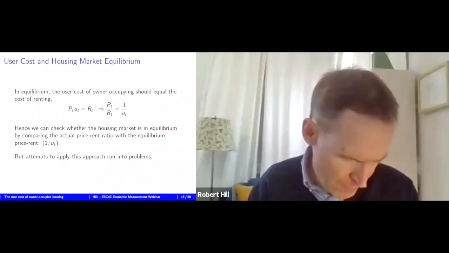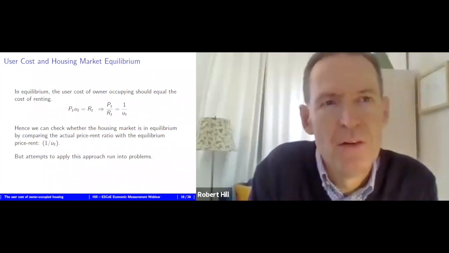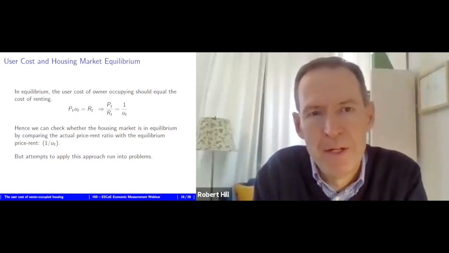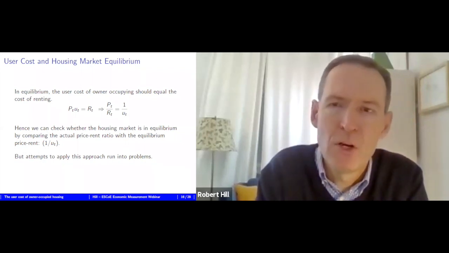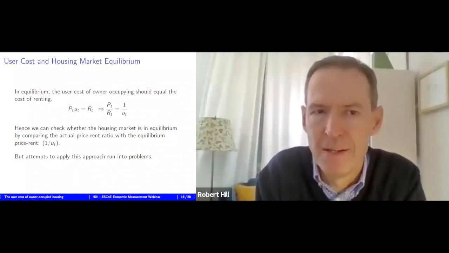So the second application I want to look at is this issue of housing market equilibrium. Let's start from the assumption that in equilibrium, the user cost of owner occupying should equal the cost of renting.